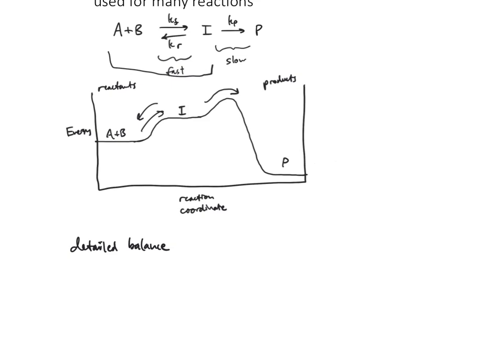Detailed balance requires us to first write down the equilibrium constant. So we have products for this particular step over reactants. And this is a concentration equilibrium constant, which, if you recall, is the rate constant in the forward direction divided by the rate constant in the reverse direction.